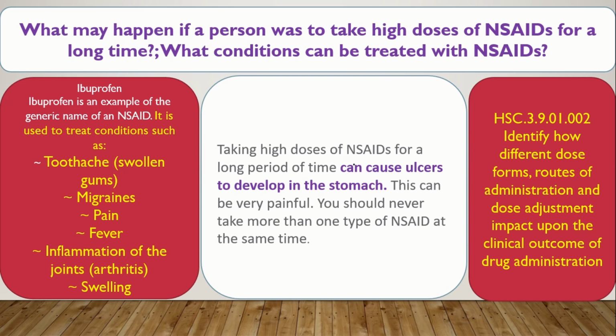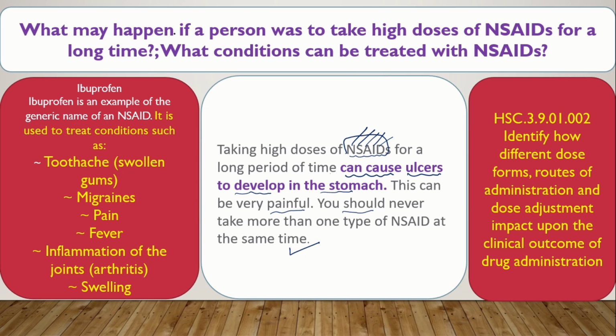Taking high doses of NSAIDs, the abbreviation for non-steroidal anti-inflammatory drugs, for a long period of time can cause what? Ulcers, meaning stomach ulcers, to develop in the stomach. This can be very painful. You should never take more than one type of NSAID at the same time. This is the answer for part 1 of the question.